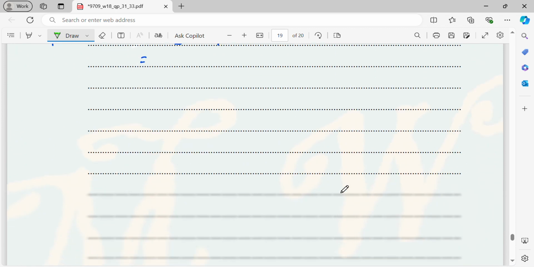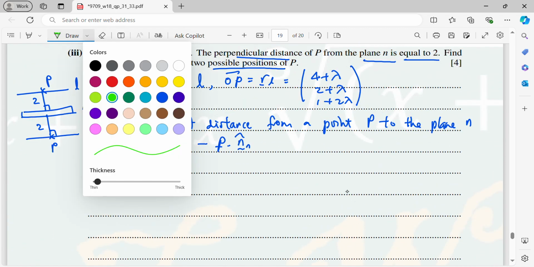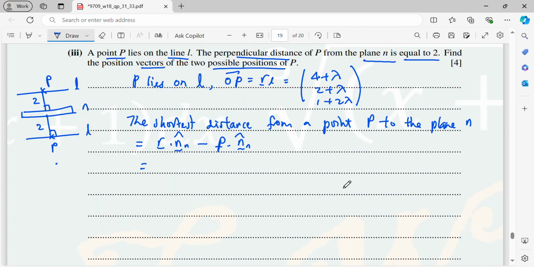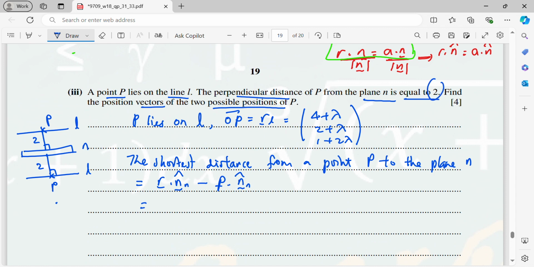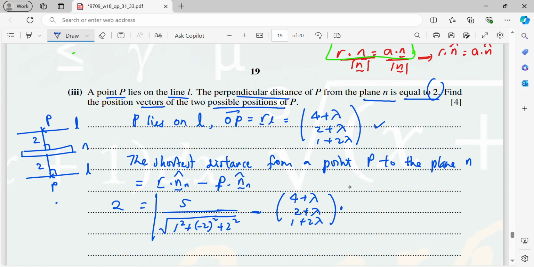So I will write 5 over, and in the question it is mentioned that the distance is 2. So 2 equals the modulus of 5 over square root of 1 squared plus negative 2 squared plus 2 squared, minus the P is here. So (4 plus lambda, 2 plus lambda, 1 plus 2 lambda) dotted with the n hat.